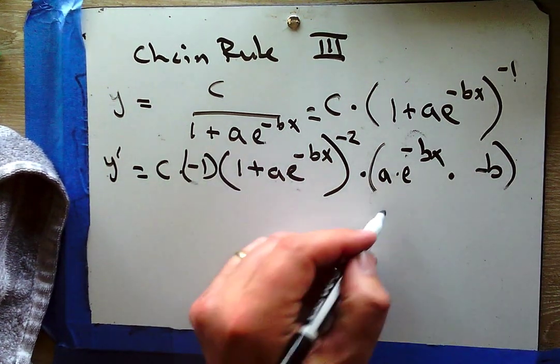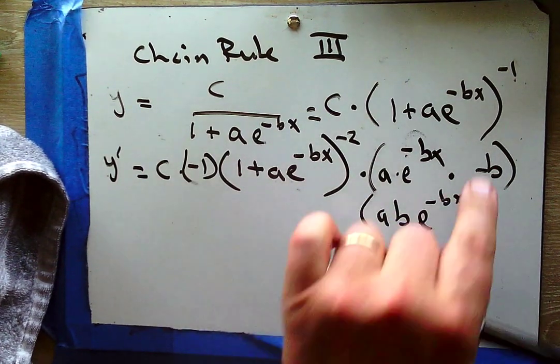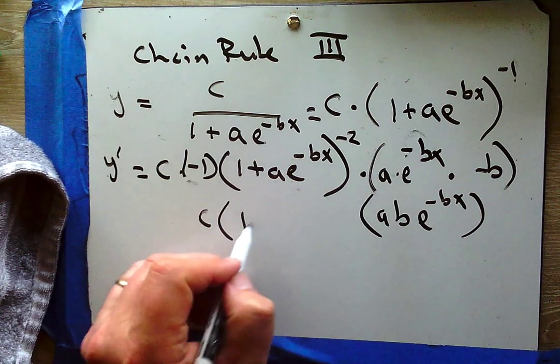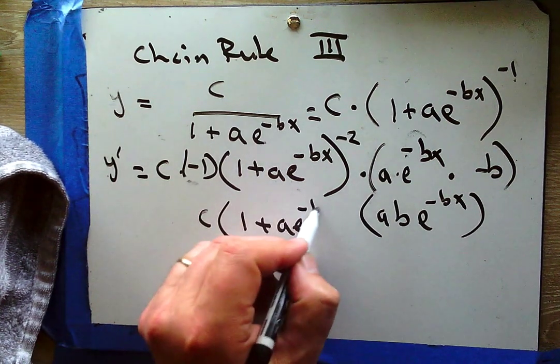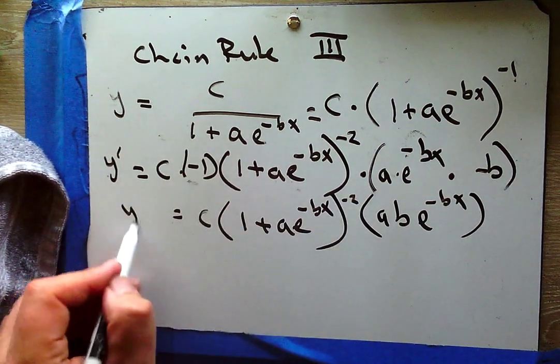So I can write a b e to the minus bx, and I can take that negative along with this negative, and just have c times 1 plus a e to the minus bx to the negative 2. So there's my y prime.